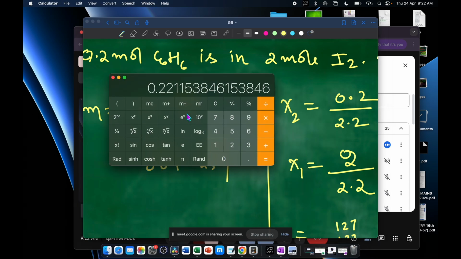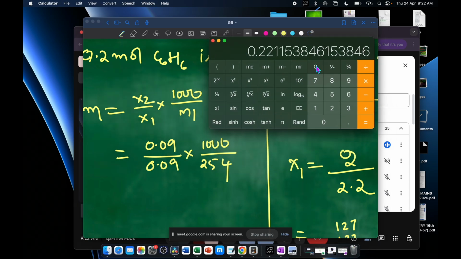So how can we do this? I'll take the help of a calculator. On the top we have 0.09 multiplied by 1000, which is 90.